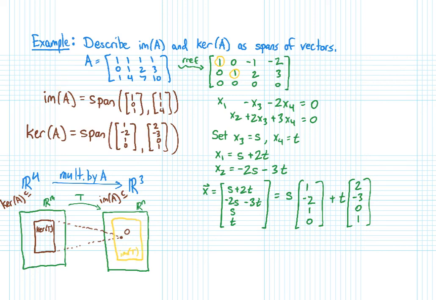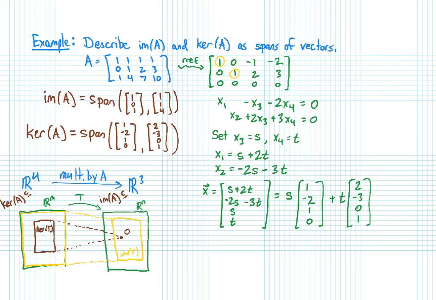And then the image of T is a subset of Rn, and it, by definition, consists of all vectors that you can get by plugging in a vector in Rm into T and seeing what you get on the other side. So T takes all of Rm and sort of squashes it down to become the image of T.